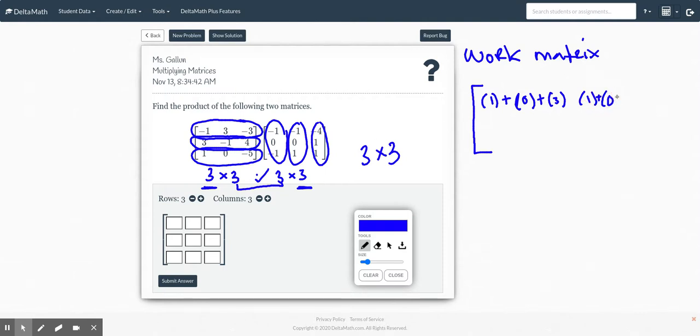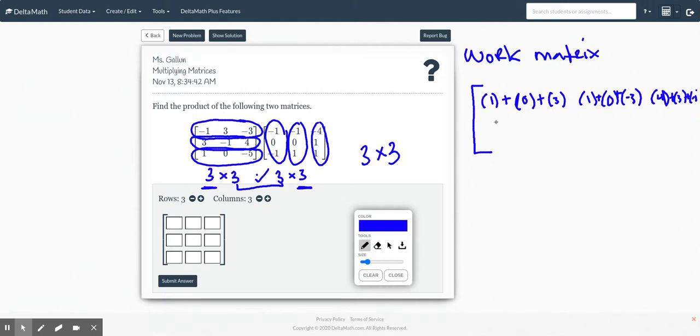I forgot my plus sign. That's pretty bad. Another plus sign. -3 times +1 is -3. And then my first row, third column, -1 times -4 is 4. Plus 3 times 1. And then -3 times 1 plus -3. No, I'm running out of room there.